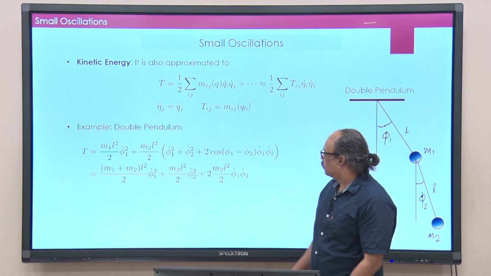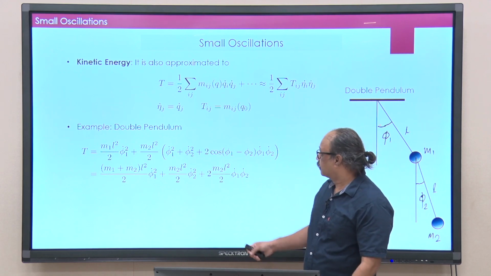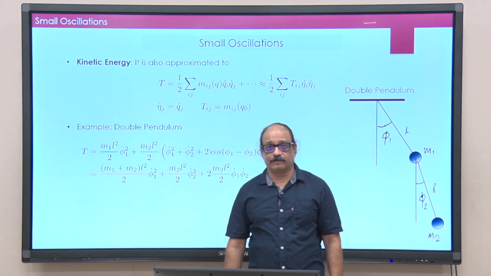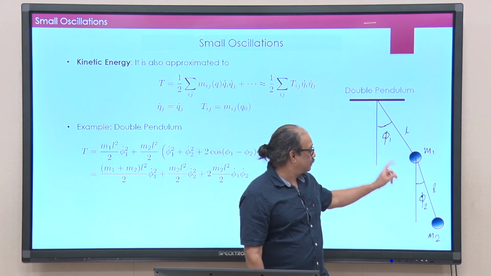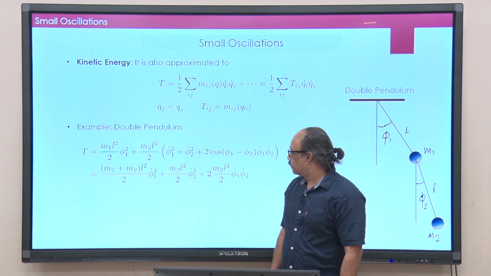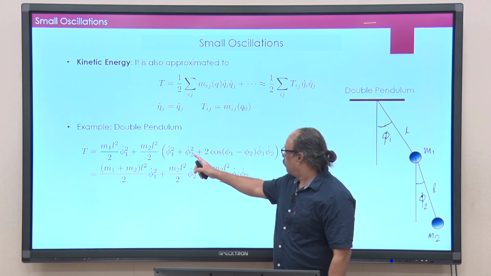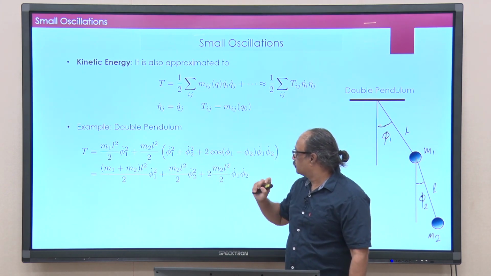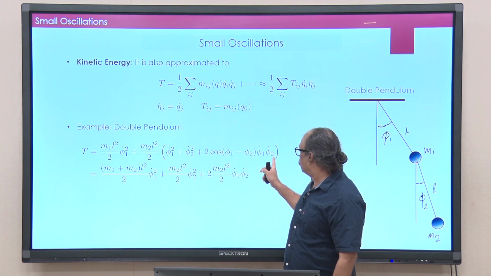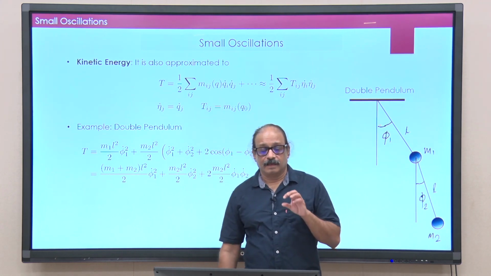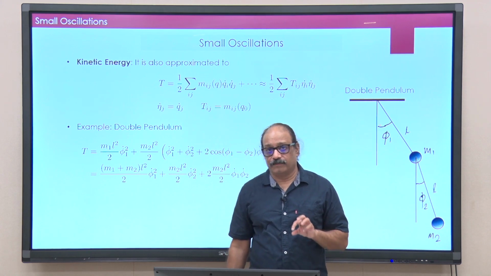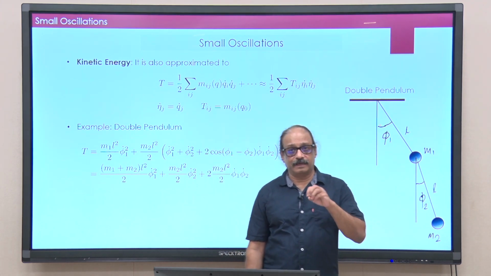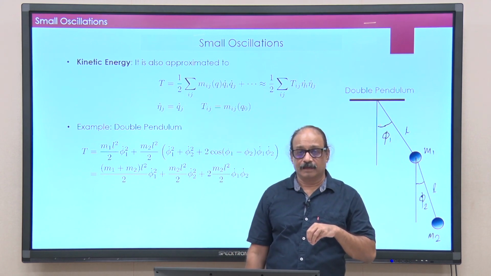The kinetic energy term comes out to be, so there is a phi 1 dot square, which is basically this angle, and phi 2 is the second angle. And look at this, this has constant coefficients, but for phi 1 dot phi 2 dot, the coefficient there, which is cos phi 1 minus cos of phi 1 minus phi 2, depends on phi 1 and phi 2.